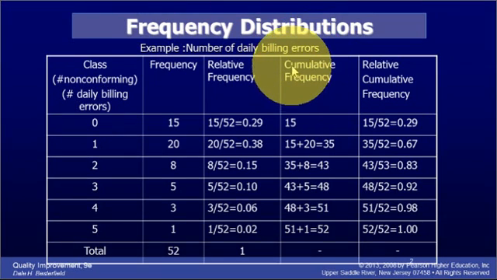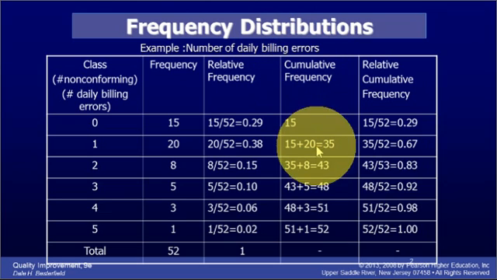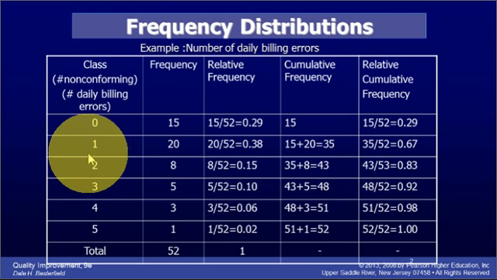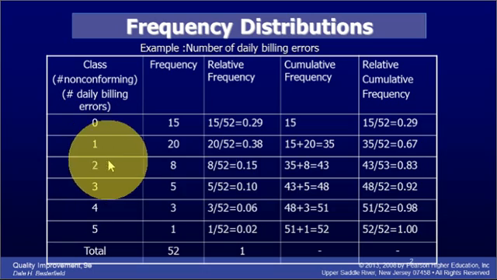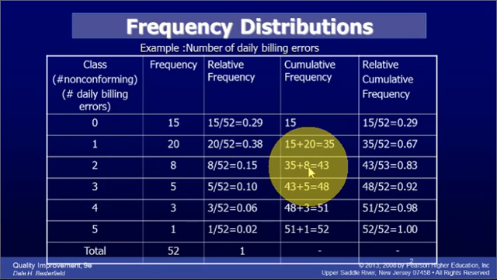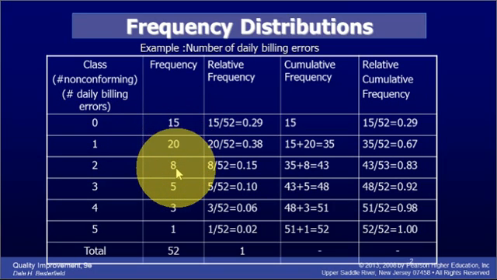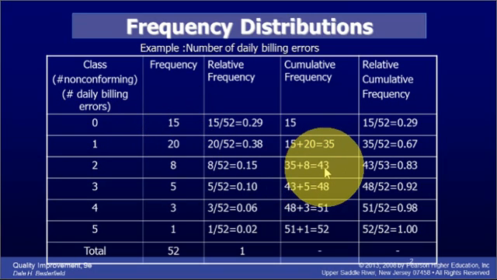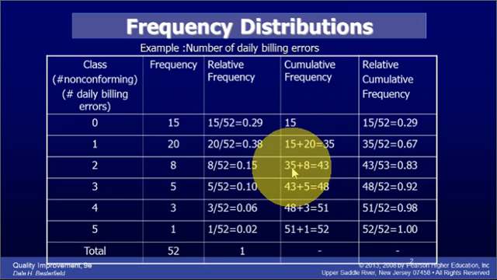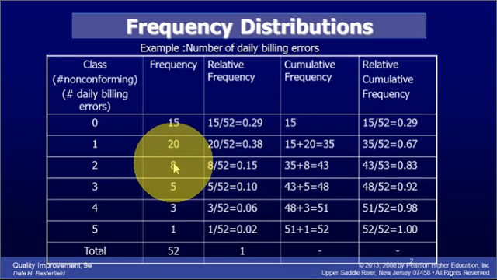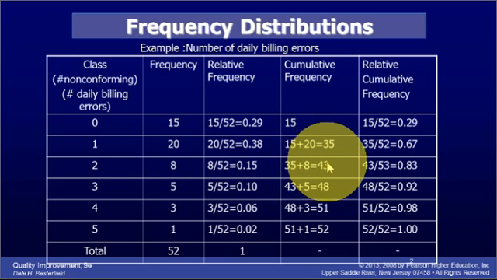When you are computing a cumulative frequency for a class, for example, in this case for class 2, then you just need to sum up all the frequency up to class 2. So you sum up 15 plus 20 plus 8, and that gives us 43. You can also use the cumulative frequency of the last class and plus the frequency of the current class, so that you can get the cumulative frequency of the current class as well.